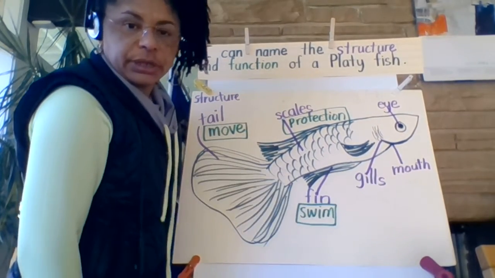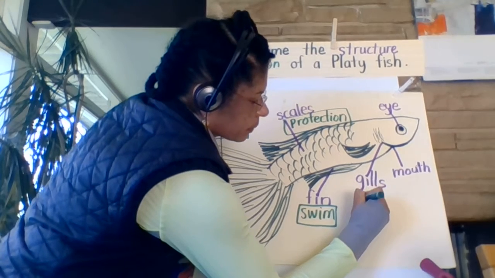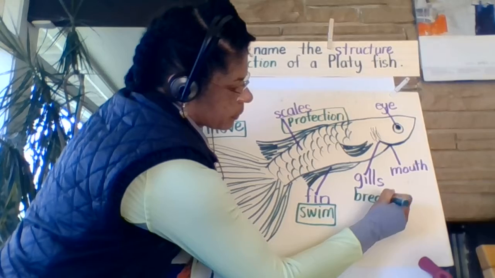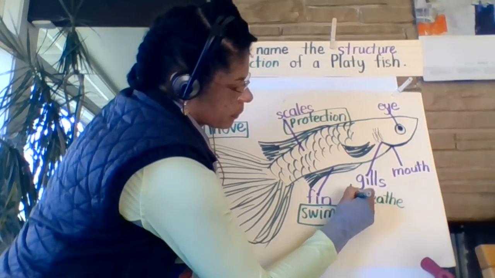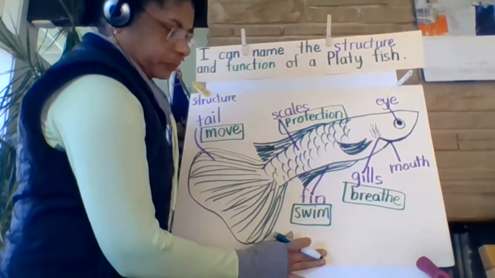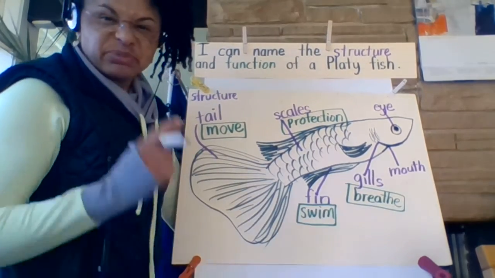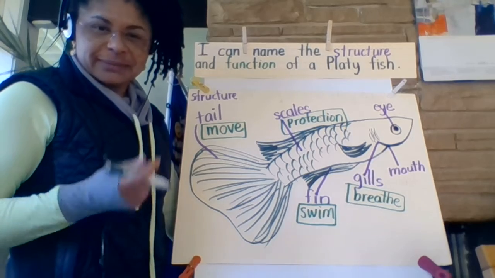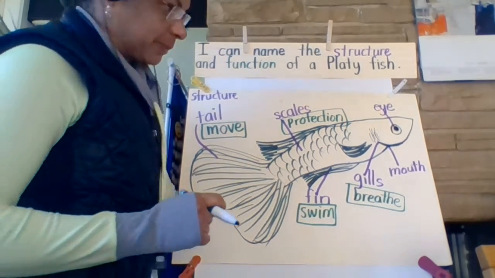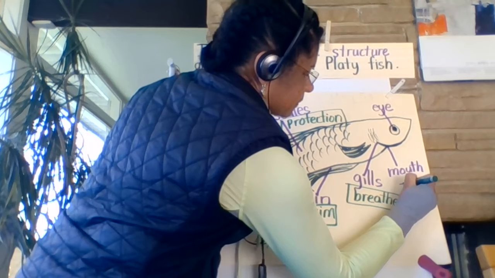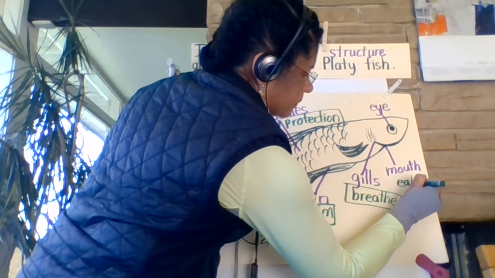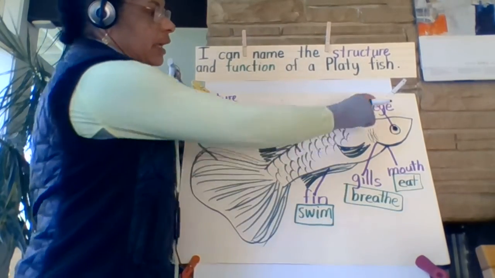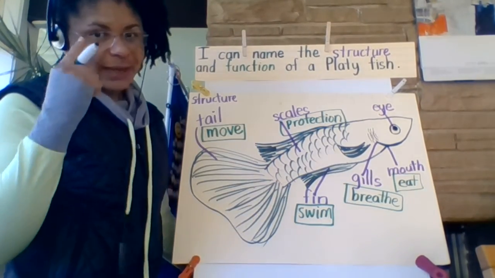They use their gills to breathe. They use their mouth just like the same way you use it. What do you use your mouth for? To eat. Okay, and they use their eyes, just like us, to see.